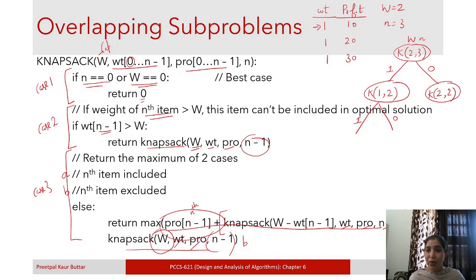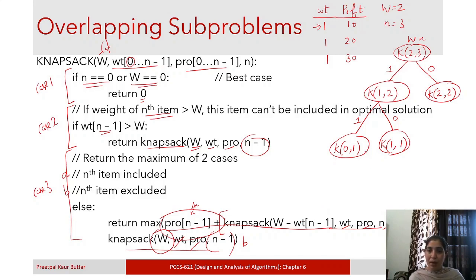If you include it, then the weight left will be 0, because initially the weight was 2, you picked this item, the weight left is 1, again you picked, now the weight left is 0, and only one item is left. If we decide to exclude this, the weight will remain as such and the number of items left will be 1.